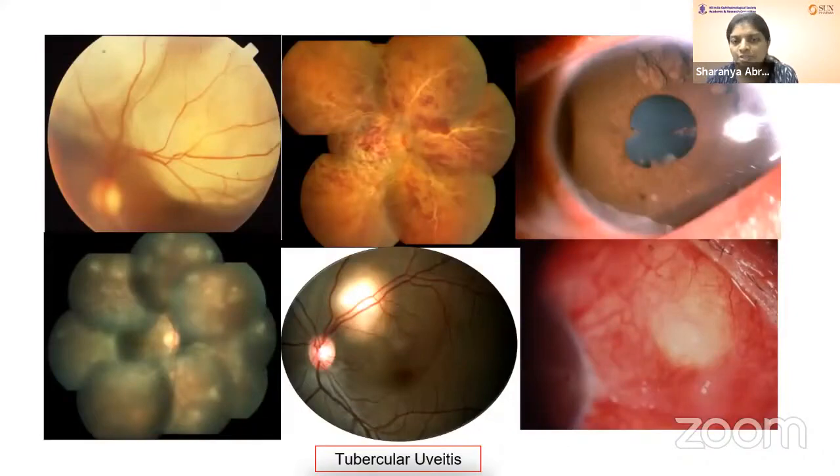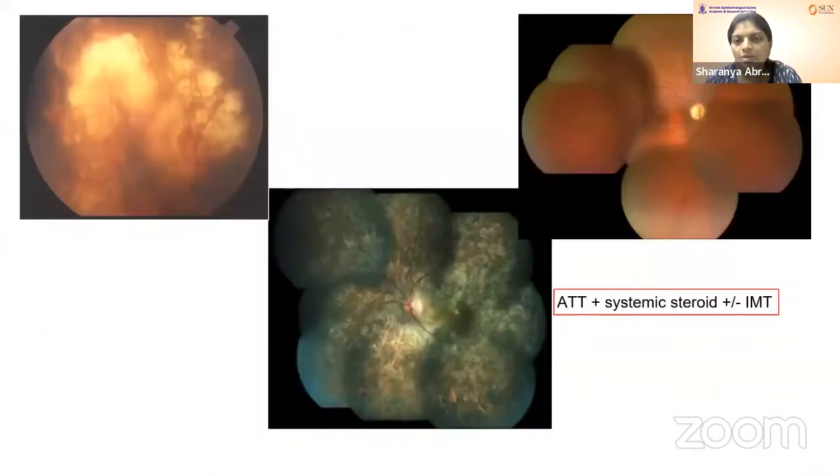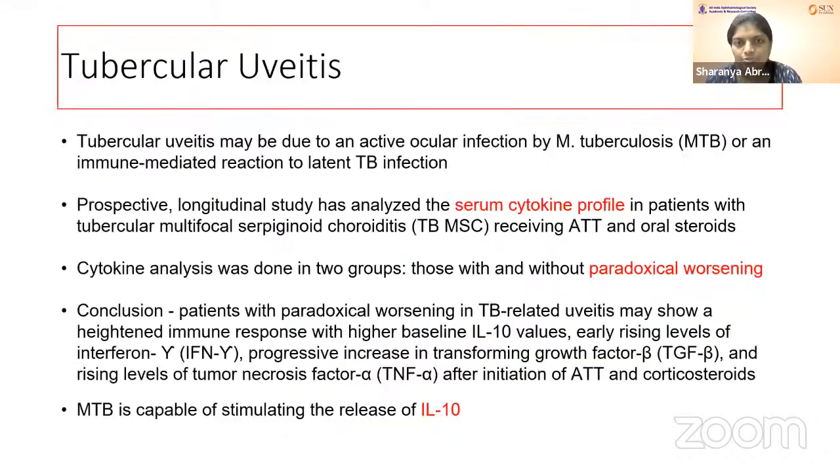So tubercular uveitis is something that can present as both fundus lesions, anterior segment lesions, anterior uveitis, infective scleritis, a host of presentations in the eye. The good thing about TB and its treatment is that the lesions either melt away completely or they scar. This is with systemic steroid.